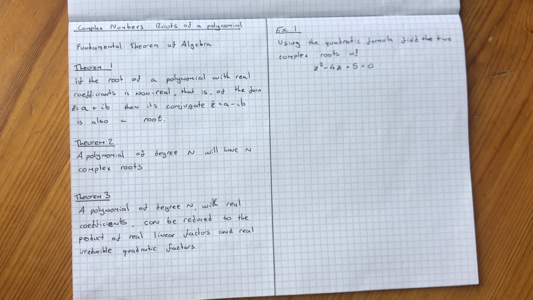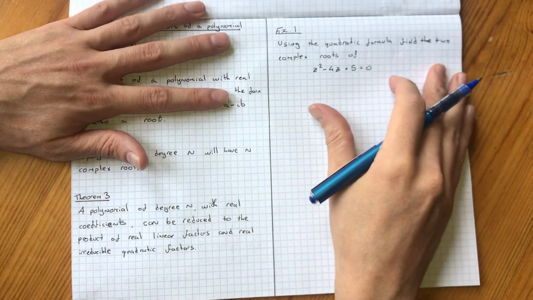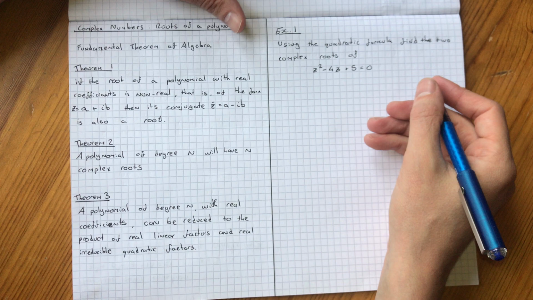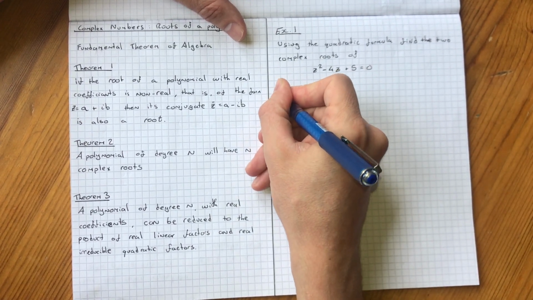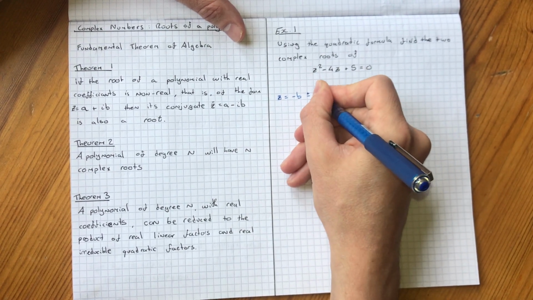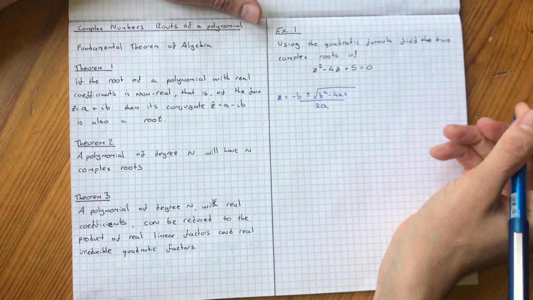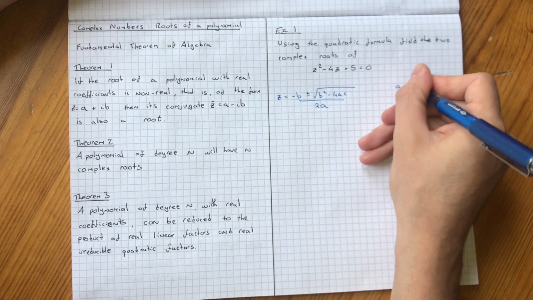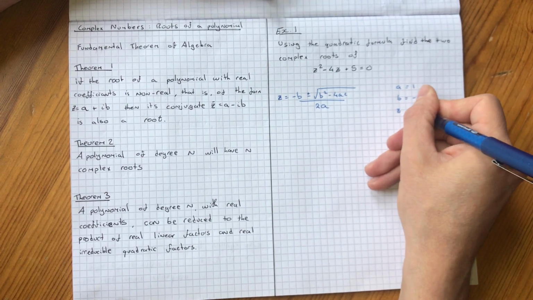Okay. So first example, using the quadratic formula, find the two complex roots of z squared minus 4z plus 5 equals 0. Now, we've actually done this before when we were doing differential equations. So if we remember that formula, z will equal negative b plus or minus the square root of b squared minus 4ac all over 2a. So in this case, a is going to be 1, b is going to be negative 4, and c will be 5.